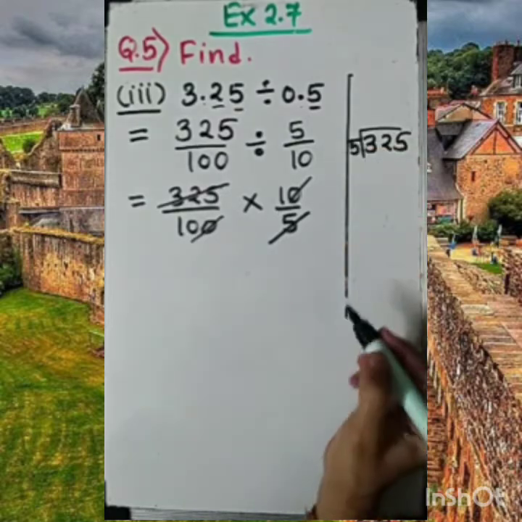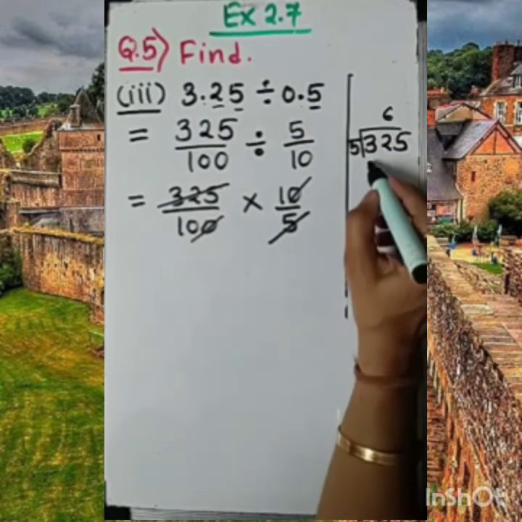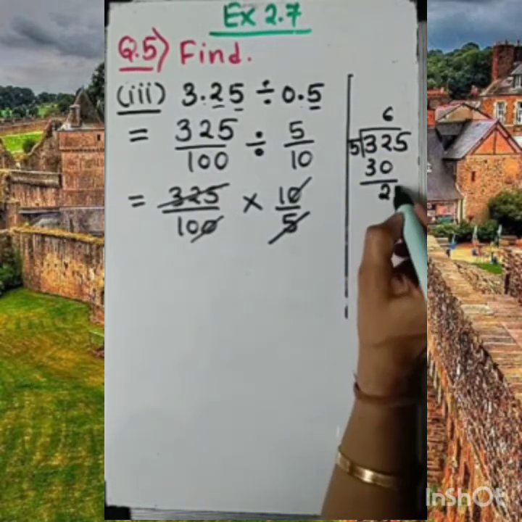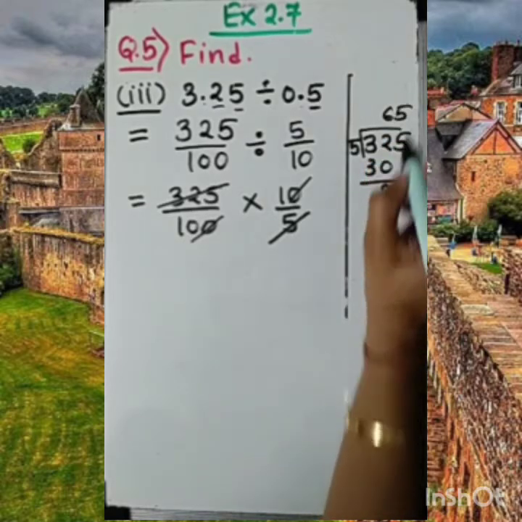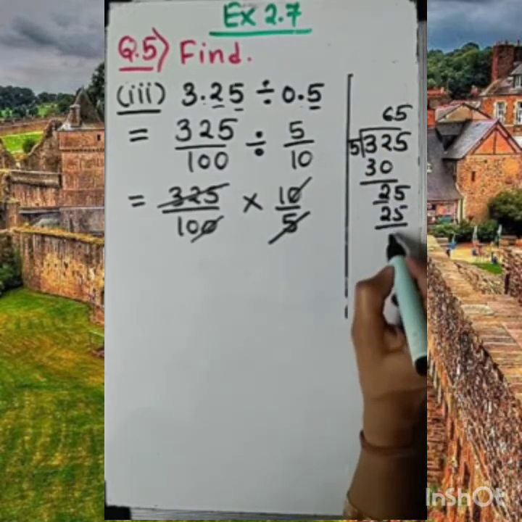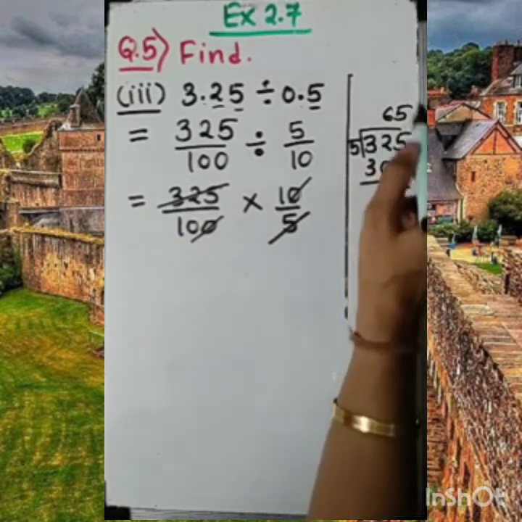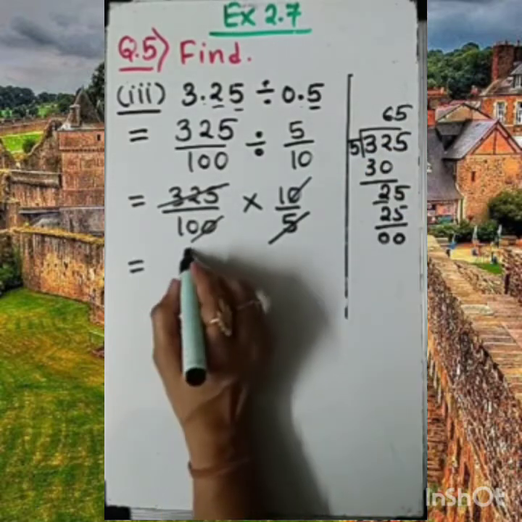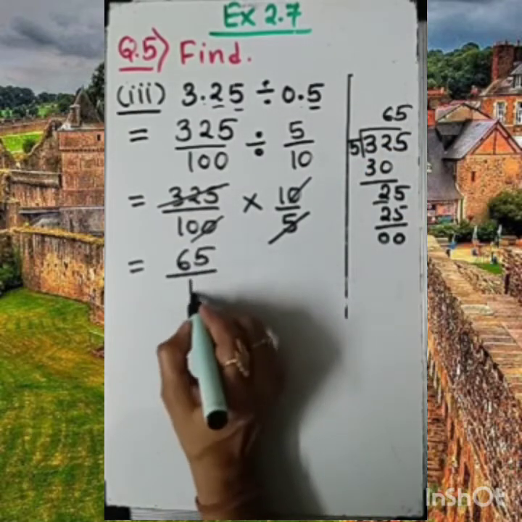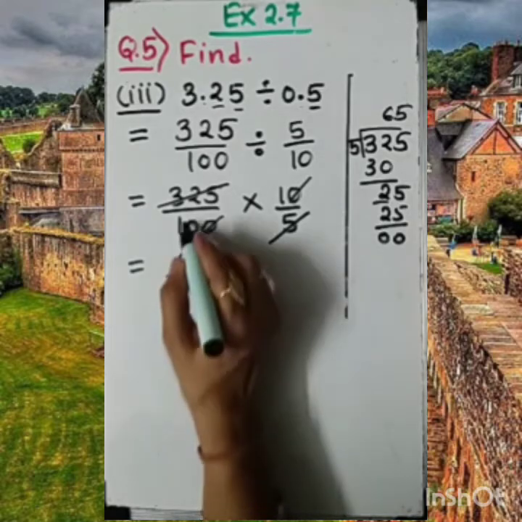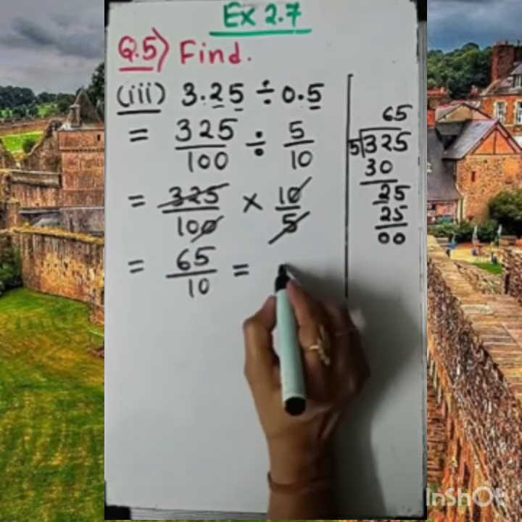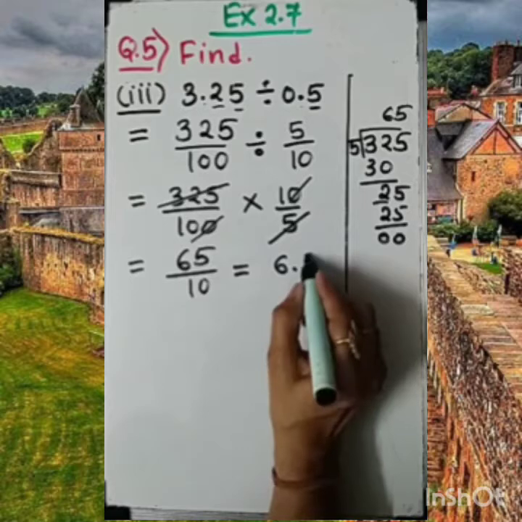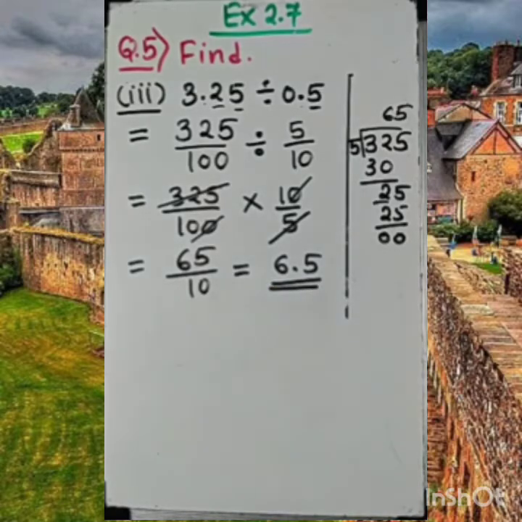Let's divide it by 5. 5 6s are 30, here 25, 5 5s are 25, so here it will be 0. My answer is coming 65. So 65 divided by 10, I can shift one digit. So the answer will be 6.5. Okay, the answer will be 6.5.